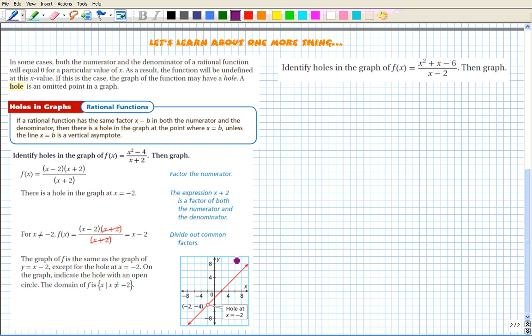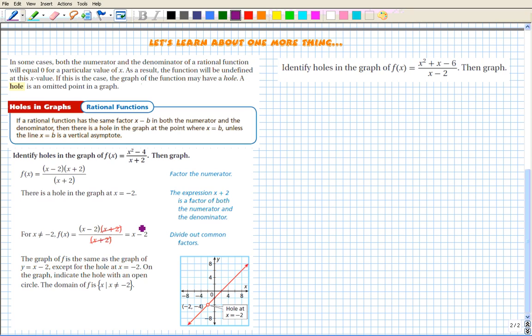So let's look at this example. Whenever you factor the numerator, here I've got a difference of 2 squares. I've got x minus 2 and x plus 2. So just like we did before when we simplified rational expressions, we would cancel out whatever matches on the top and the bottom, and that would leave us with x minus 2.